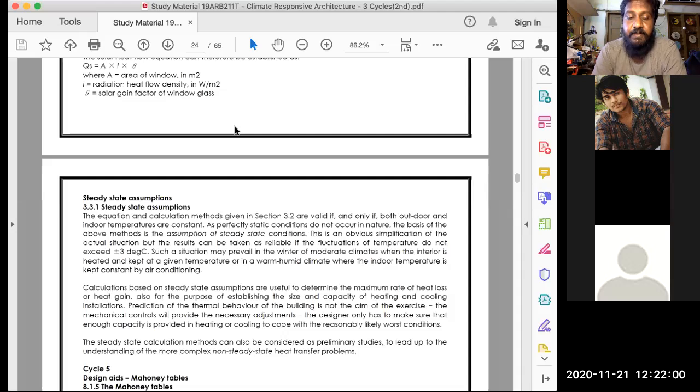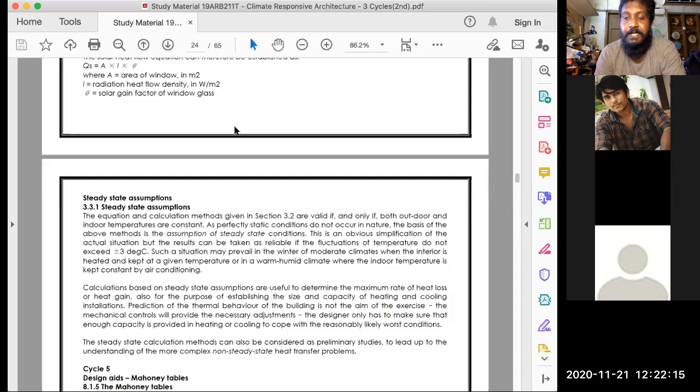But in reality, if you try to analyze any place, that doesn't happen. In nature, temperature is not a constant factor you can assume for a material's value. It keeps changing on various conditions.